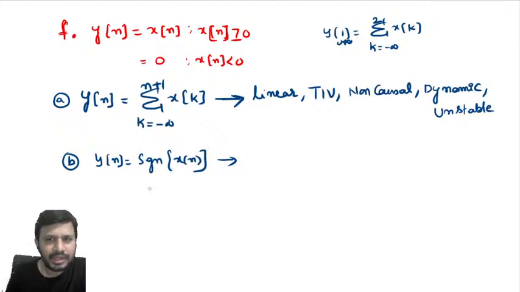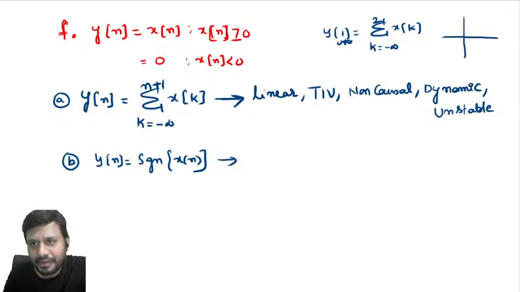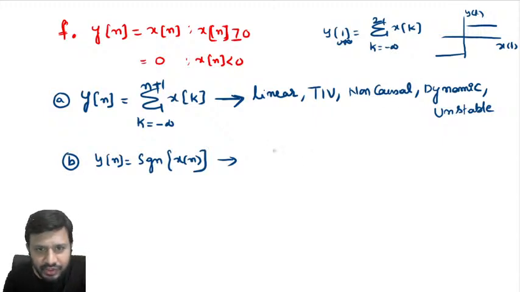Suppose the same in continuous, signum of x of t. What is the shape? In the continuous case, this kind of shape will come. Linear or non-linear? Non-linear. So here also non-linear.